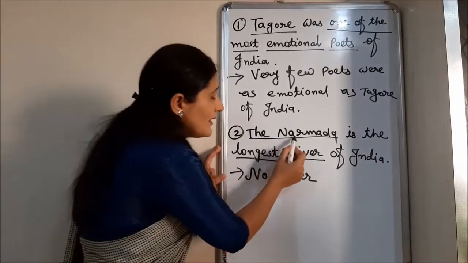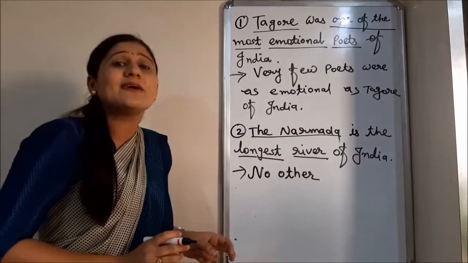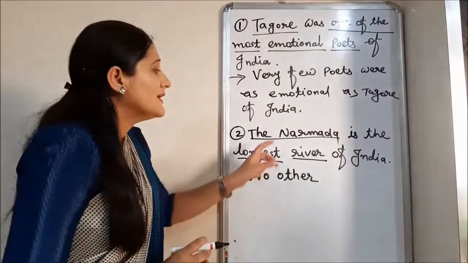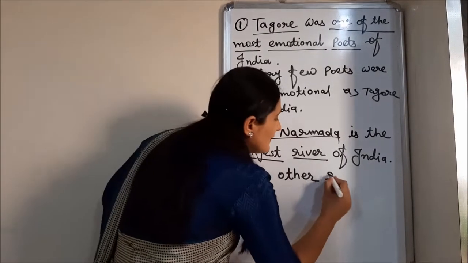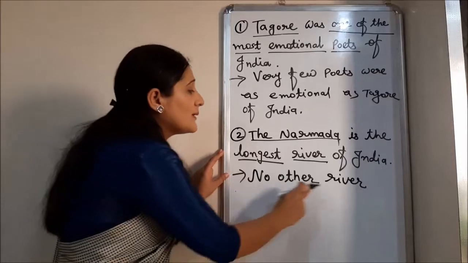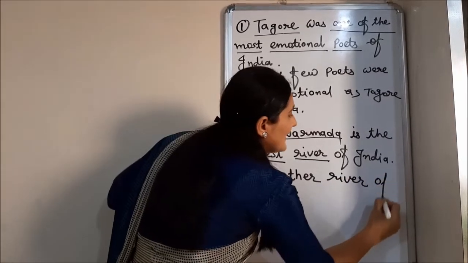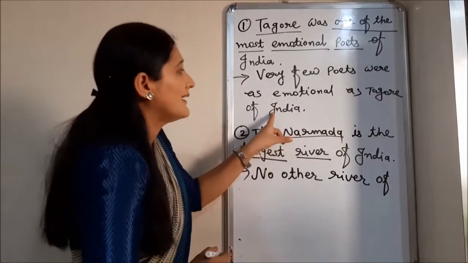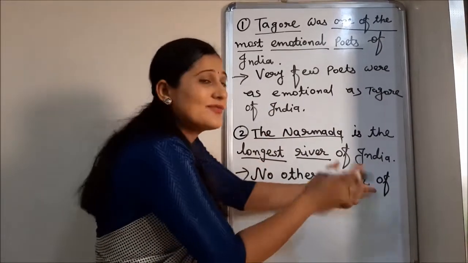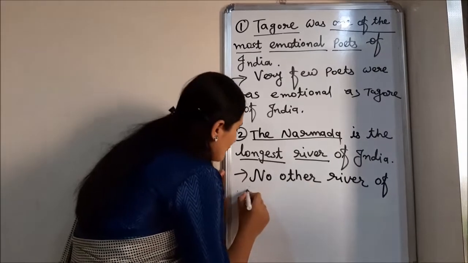Same way, here Narmada is a river. So both words are interconnected with each other. So no other river. The second subject we have taken. No other plus singular. No other river of India. Here I have taken it last. You can also take it front, you can also take it last, right? So no other river of India.